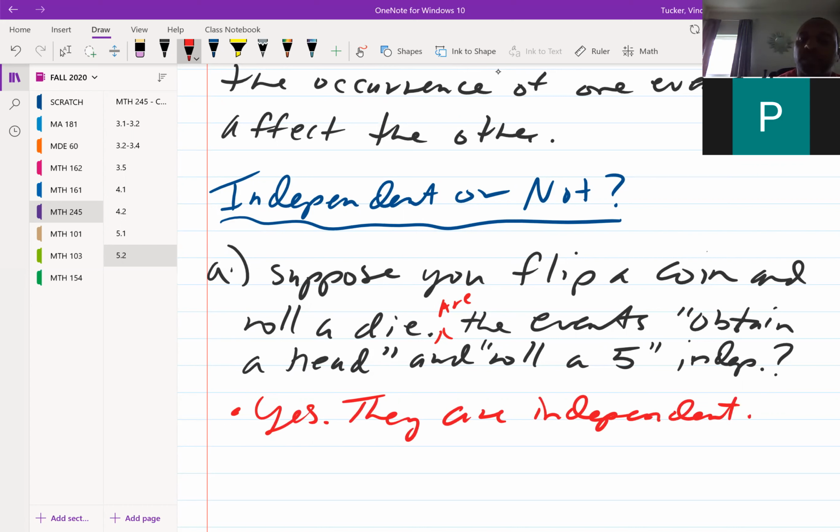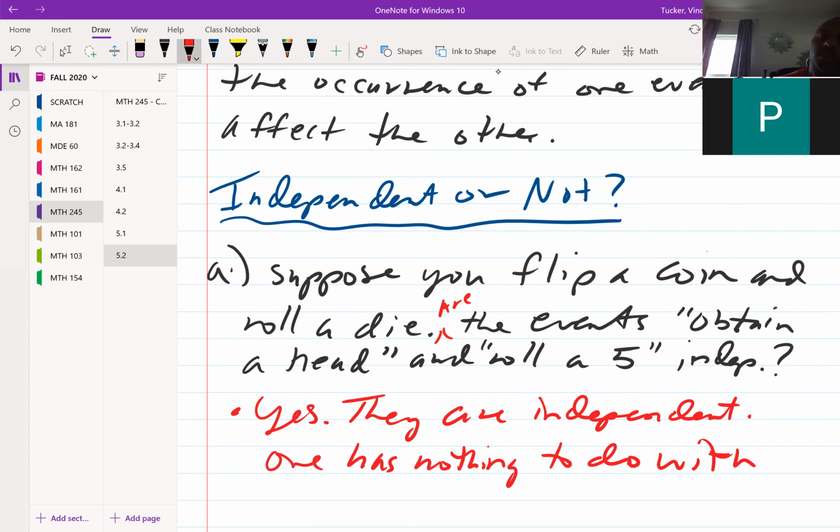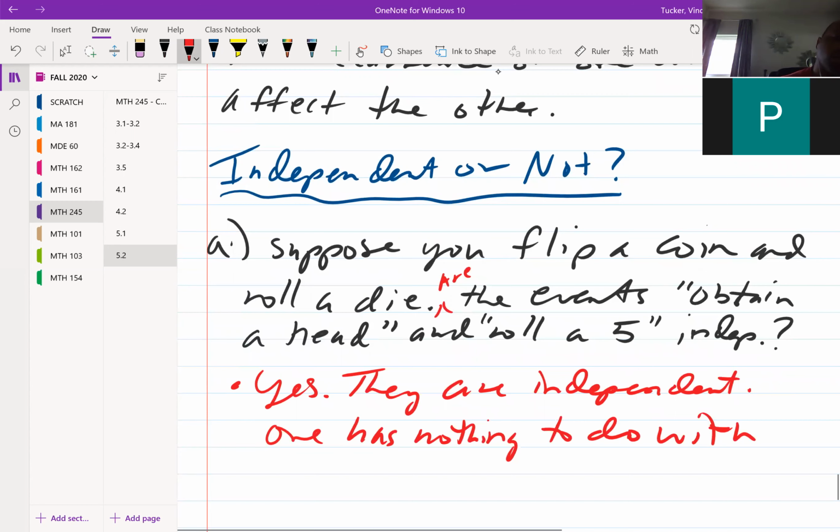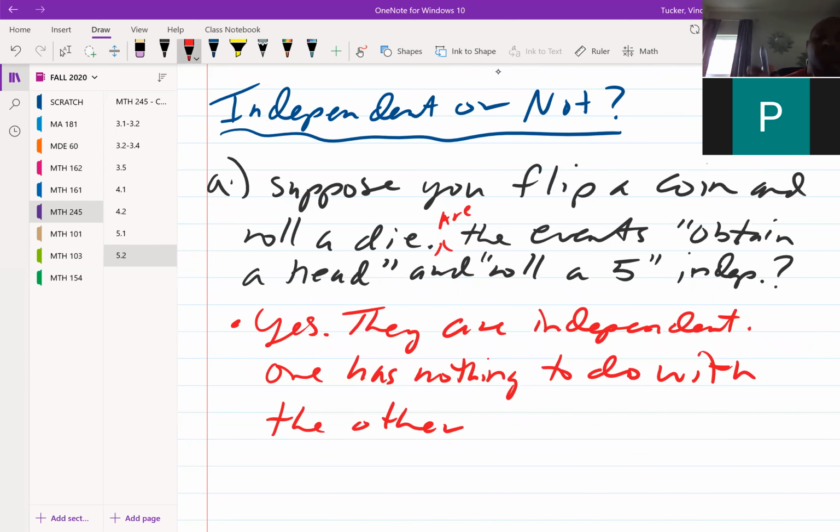Yes, they are independent. One has nothing to do with the other. One is flipping a coin, the other is rolling a die. Neither one of them changes the probability of the other one occurring.